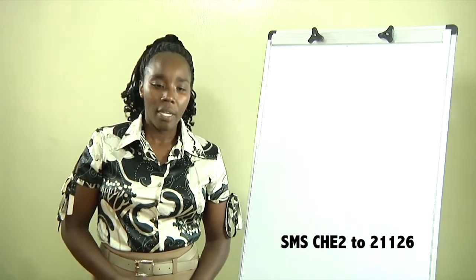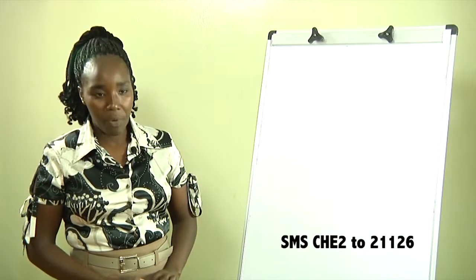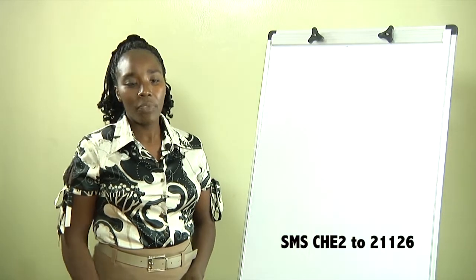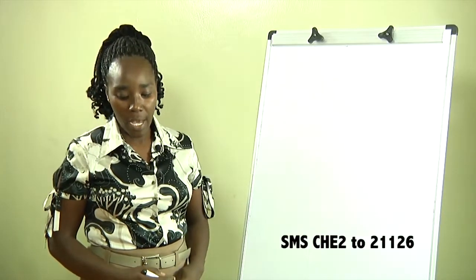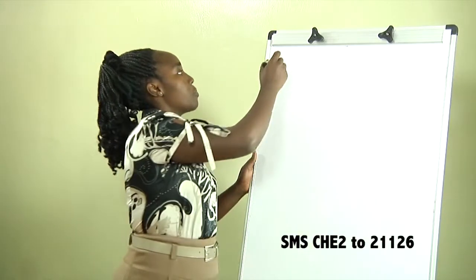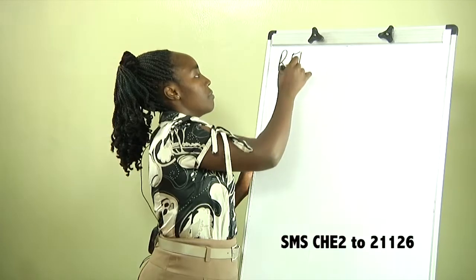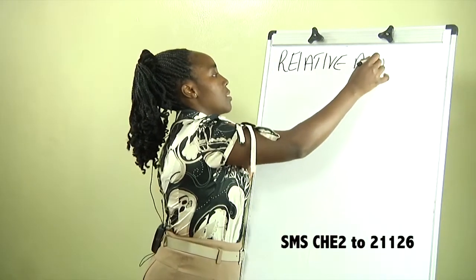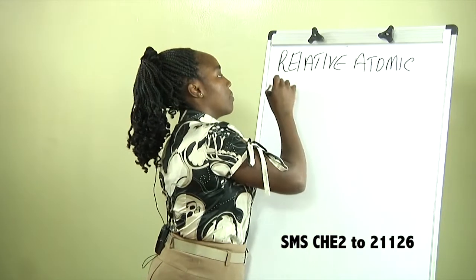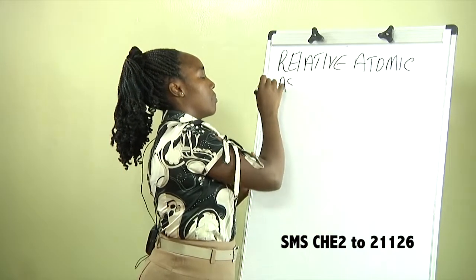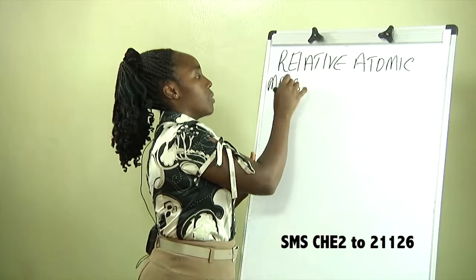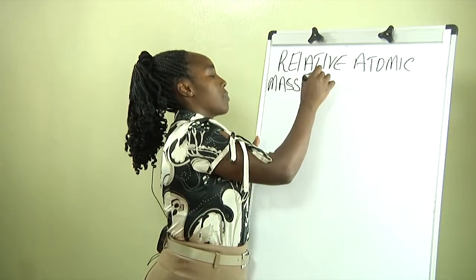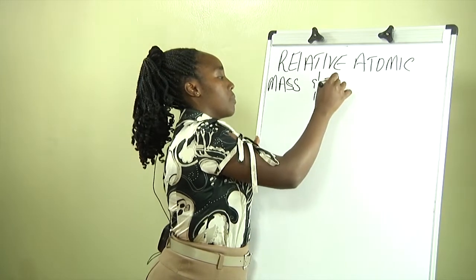So in our Form 2 work, in our previous lesson, I left you with an assignment. The assignment was under the topic relative atomic mass and isotopes.